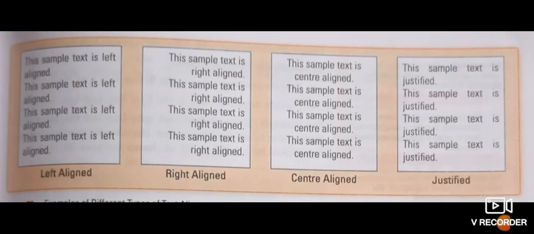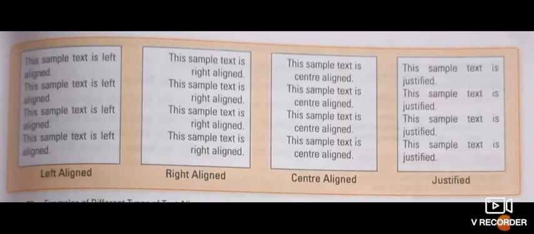Now the first one is text alignment. As already discussed in previous videos, the alignment of text, how the text is aligned with respect to the margin, is called text alignment. Here we discuss the text alignment of a paragraph. As discussed earlier, there are 4 types of alignment: left alignment, right alignment, center alignment and justified alignment, as shown here in the video.